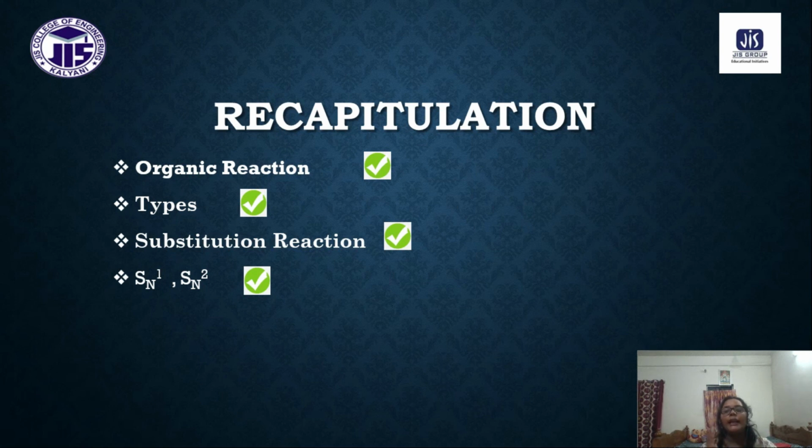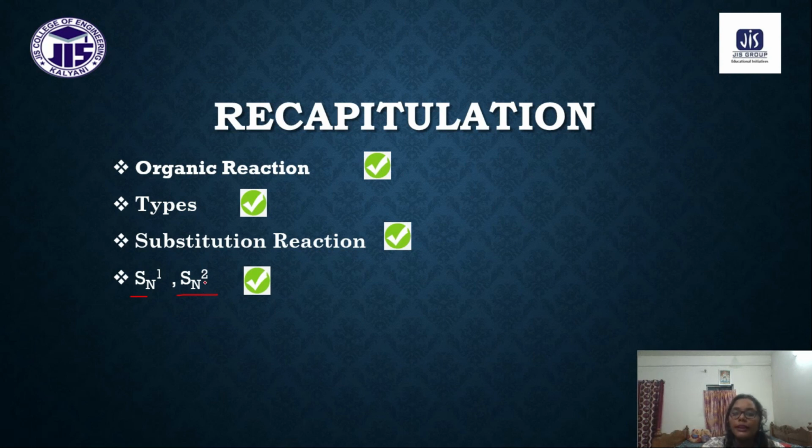These are the two important substitution reactions. We also discussed the mechanism, how these reactions go on, and the factors affecting them. If you know the mechanism, only then can you explain the factors that affect the unimolecular reaction and the bimolecular reaction.